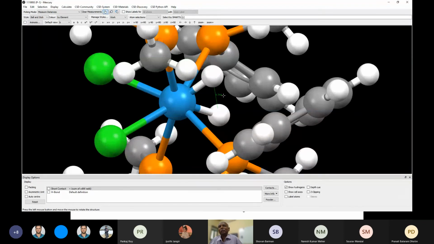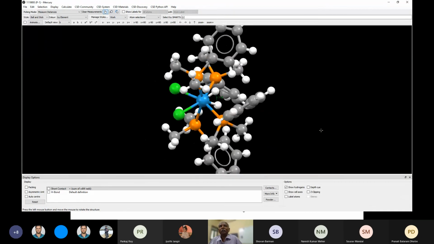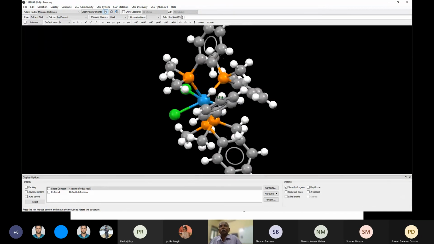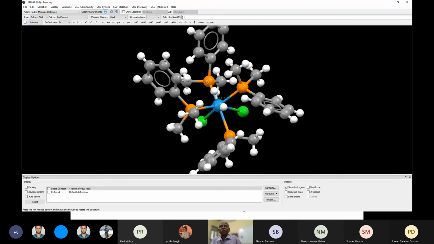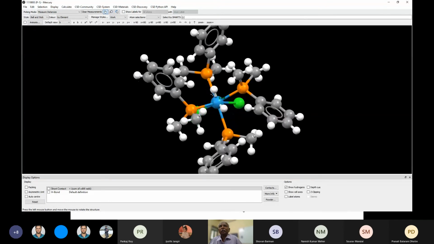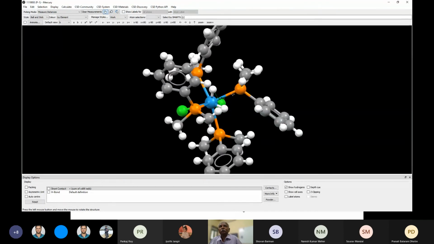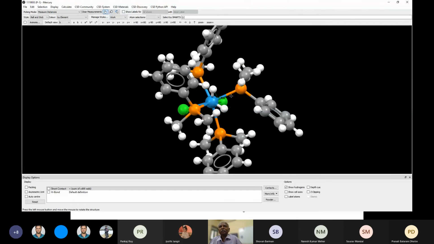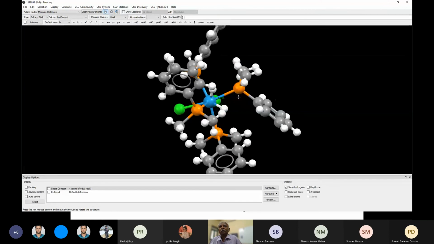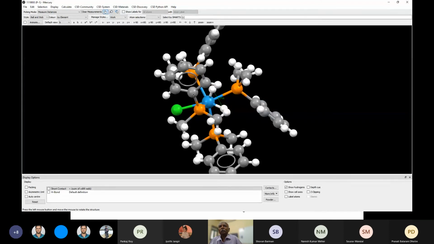At the same time, it's more electron donating, and so the hydrogen-hydrogen distance becomes larger. Notice also that this complex is in fact 8 coordinate. 4 phosphorus ligands, 2 chlorines, and 2 hydrogens.